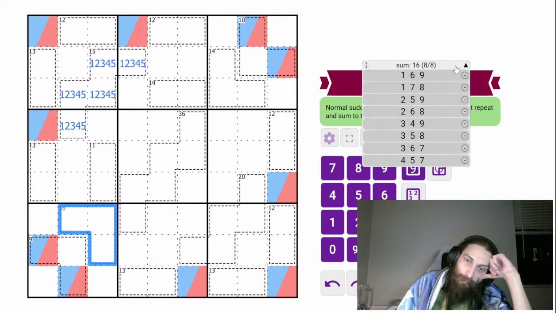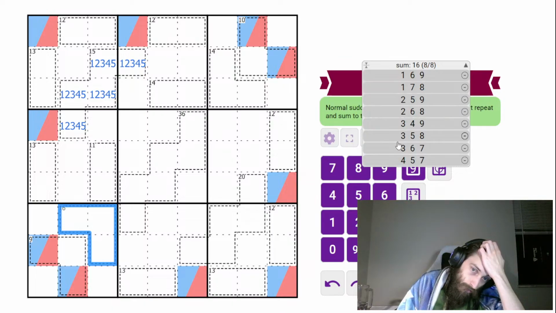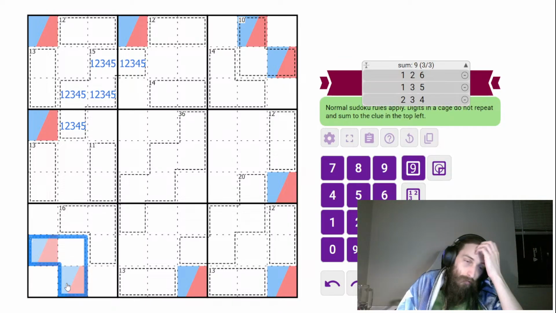16 can't have 2 digits from 1 and 2. Right. It can't even have 2 digits from 1, 2, and 3. Oh, 9 requires that. 2 digits from 1, 2, and 3.